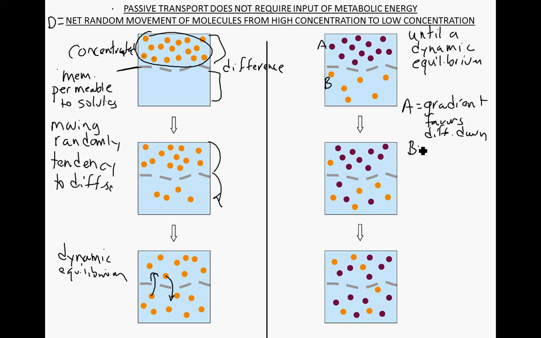And then for B, we say that the gradient favors diffusion up. And I'm using up and down as they pertain to the slide here, right?